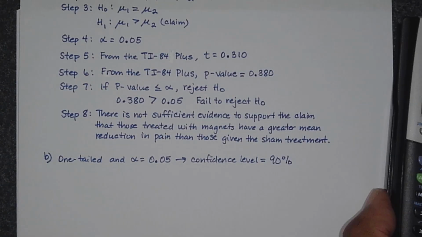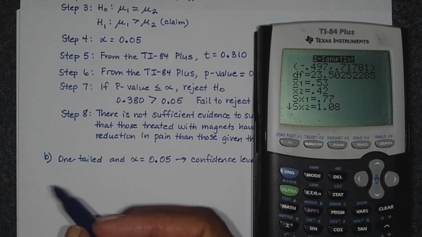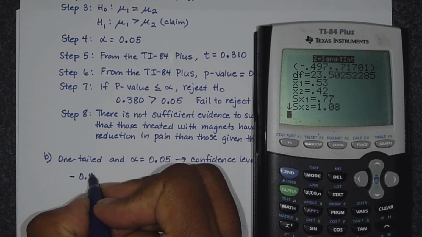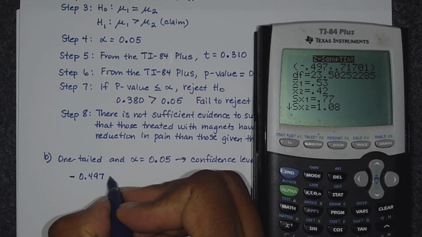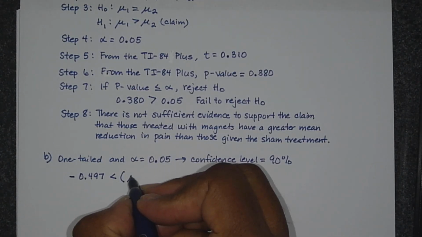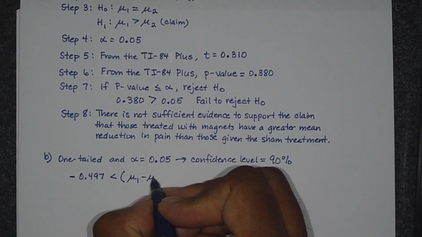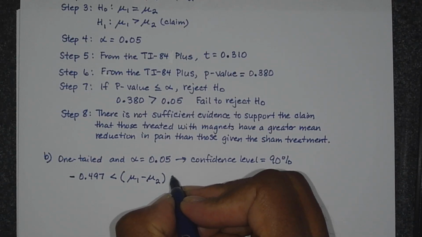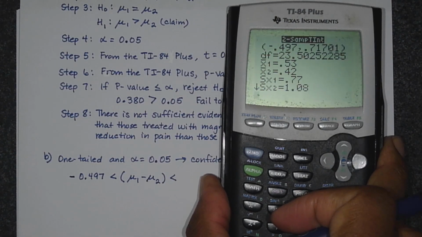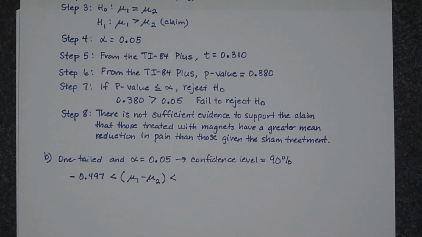Okay, so here, to 3 decimal places, that's going to be a negative 0.497, and that's going to be less than mu sub 1 minus mu sub 2, and less than, to 3 decimal places, 0.717.